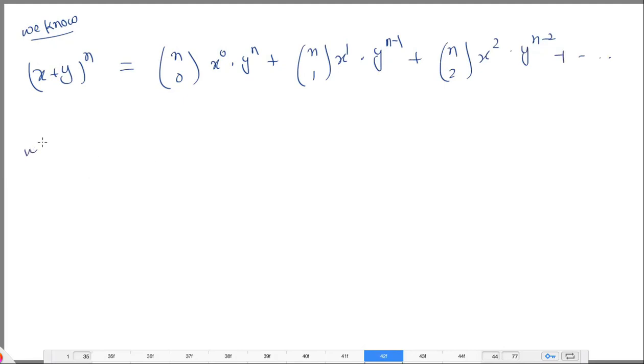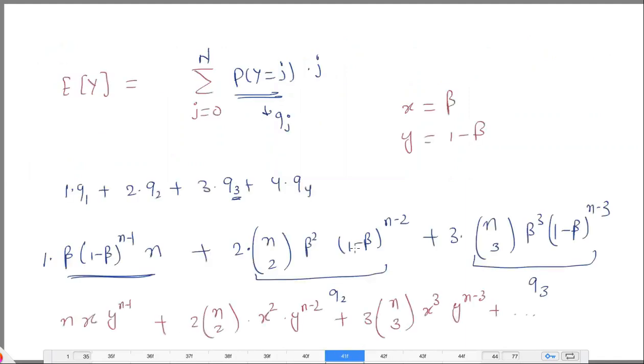This is what we know and this is the quantity that we want. Let's see what relation we can get from both of them. So let me just copy this.